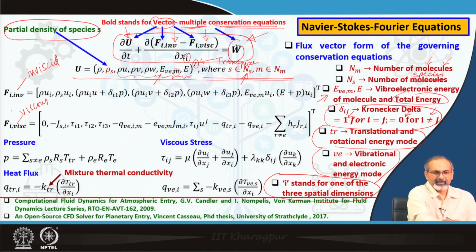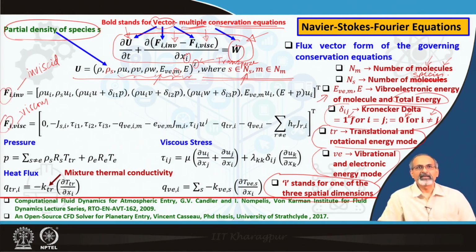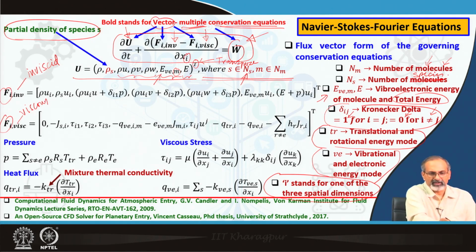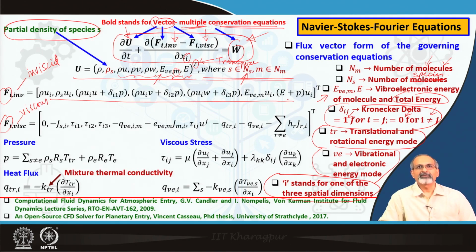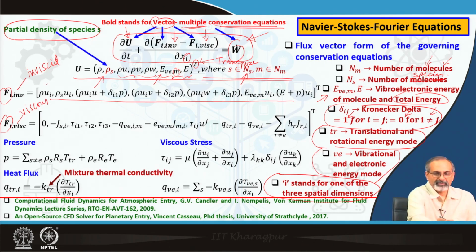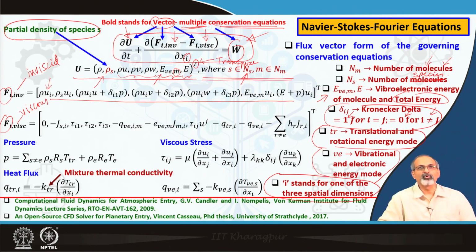Now, if you look at the F vector, it has been split into inviscid and viscous parts, and if you go term by term, you will be able to understand that it actually contains different components, the way the U vector contained. So, let us see, the first component is rho u_i, the second component is rho_s u_i, and so on.